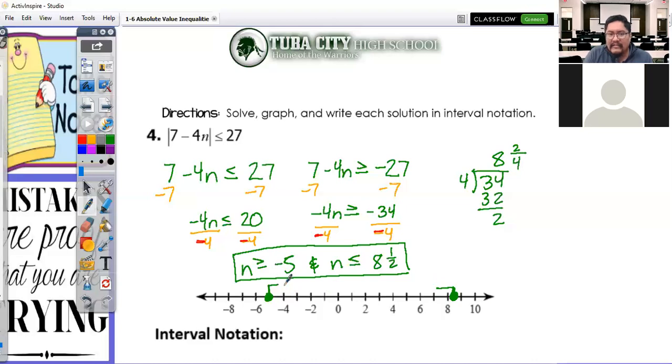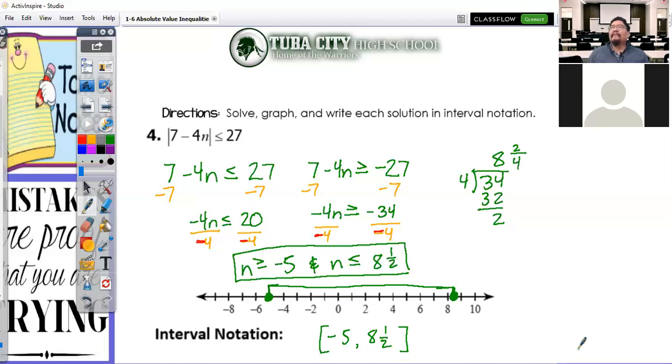Anyway, so that tells us that our solution is going to be between -5 and 8.5, but we are also including them, so we're going to need brackets. So starting with your lowest number, which is -5, and then go to your highest number, which is 8.5. And there we go. So that's going to be it for that one.